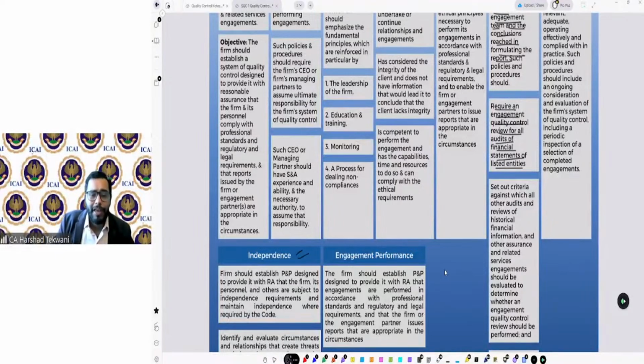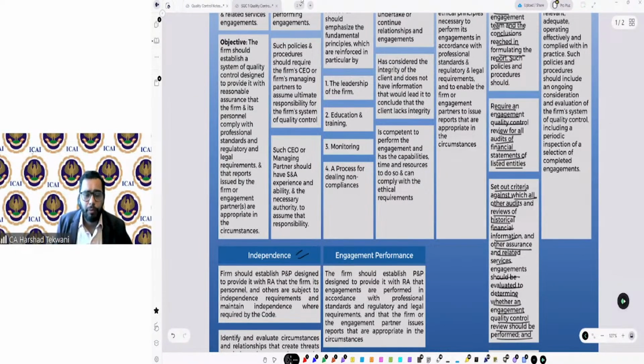And the policy and procedure should set out the criteria against which all audits or other audits, reviews of historical financial information and other assurance related services, other than the audit of listed companies, should be evaluated to determine whether an engagement quality control review should be performed or not.